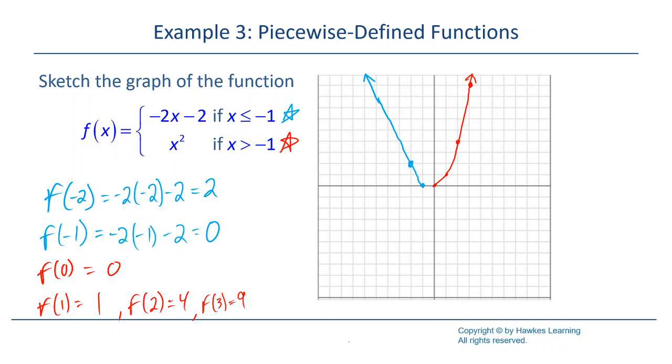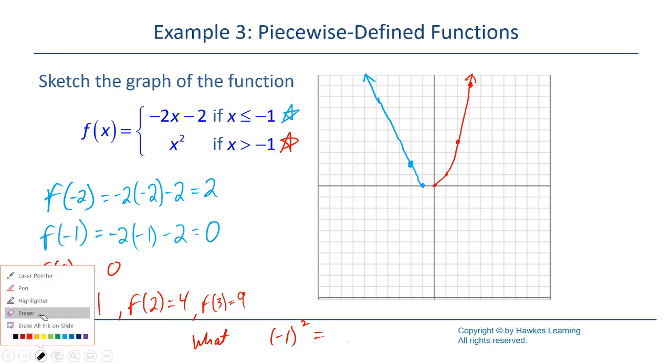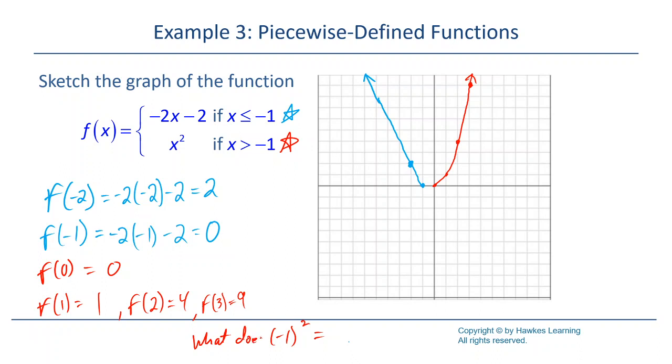What I'm going to do there is I just need to know what is -1 squared. Or I should say, what does -1 squared equal? Well, that one's easy. -1 squared is equal to 1. But when I plot this point, remember we talked about included and excluded.